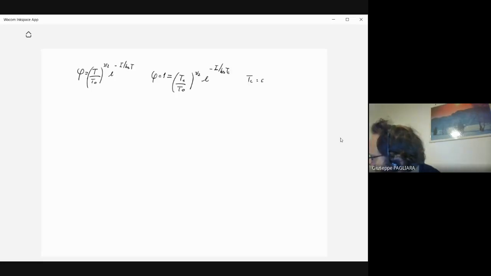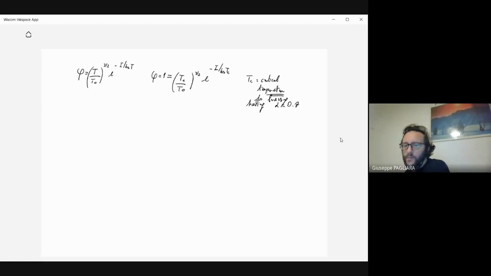Tc is a sort of critical temperature for having alpha equal to 0.7. Okay.